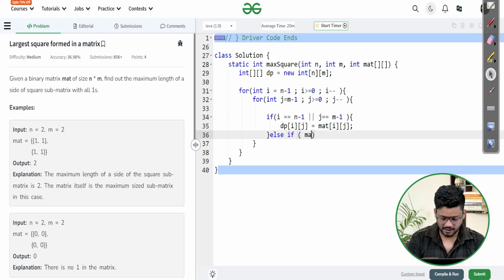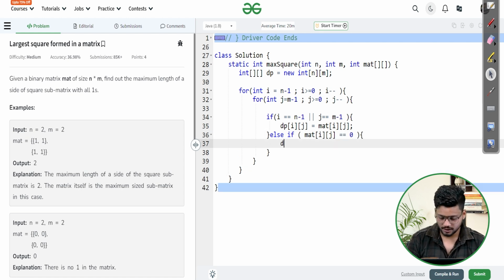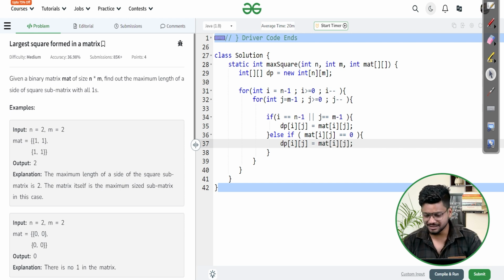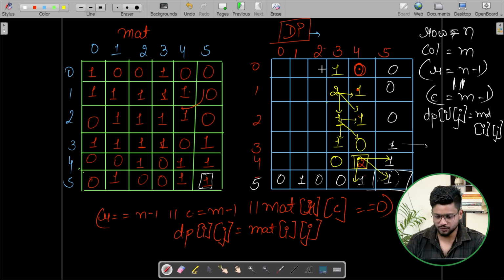Else if matrix of i and j equals to 0, then we have to also do the same work. dp of i and j is going to have the value of matrix of i and j. Now in the else condition, what you have to do? We have to find the minimum of these three values and put it in the dp value.